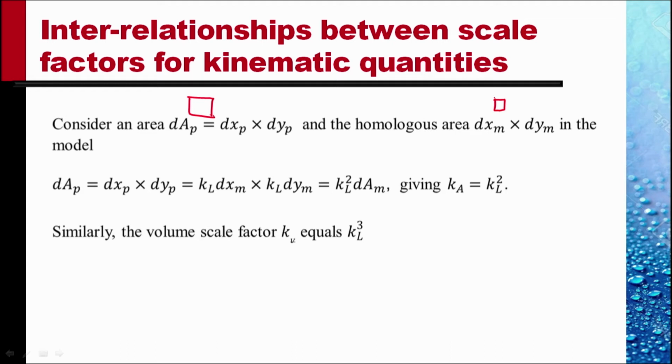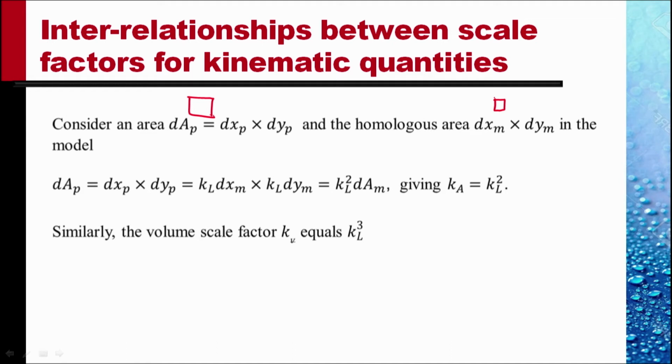Clearly, dAP, which is dxP into dyP, can be written as KL times dxM, since KL is the scale factor for all lengths, into KL dyM, the same KL, which gives you KL squared into dxM into dyM, which is dAM, the model area. Thus, KA, which is dAP over dAM, is nothing but KL squared.